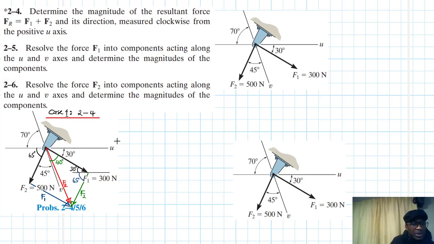So we can now straight away find the resultant using the cosine rule.